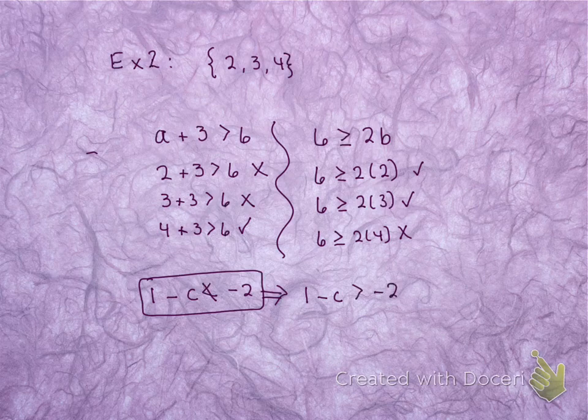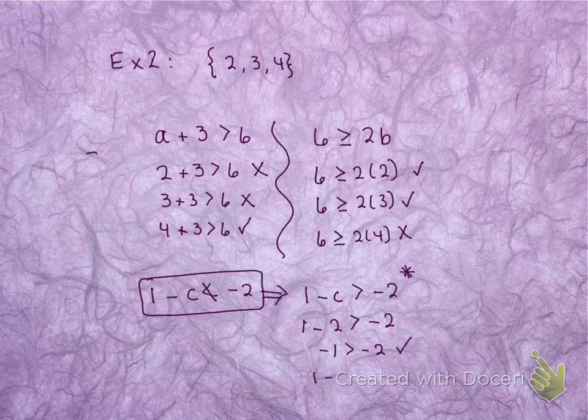That is the inequality statement that we're going to use to plug in each one of our domain values. So is 1 minus 2 greater than negative 2? Is negative 1 greater than negative 2? Yes, it is. Then we would do the same thing for 3 and 4.